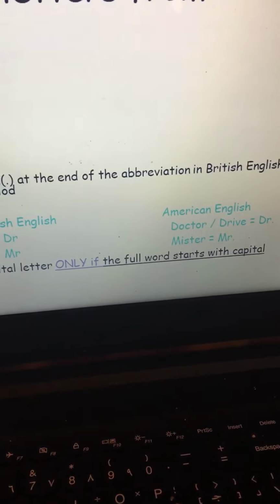To make things clearer, I added here an exercise. As you can see, you are asked to use an abbreviation for the underlined words. I did the first 3.